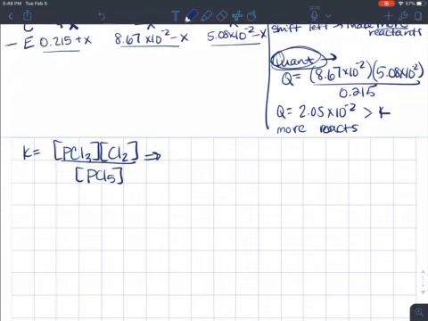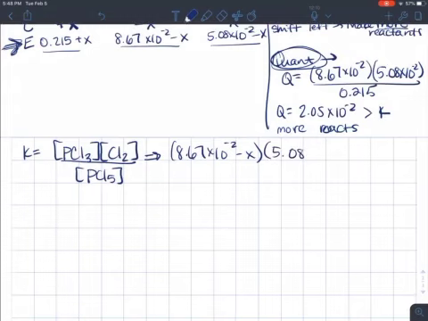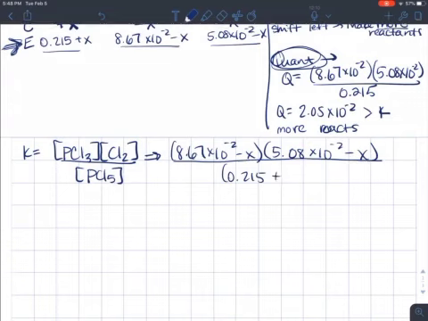If I take my equilibrium line in my ice table, my E line, and I plug my values in, my value for K should look something like this. And you set all that equal to the value of K, which is given to you in the problem, which is 1.20 times 10 to the minus 2.